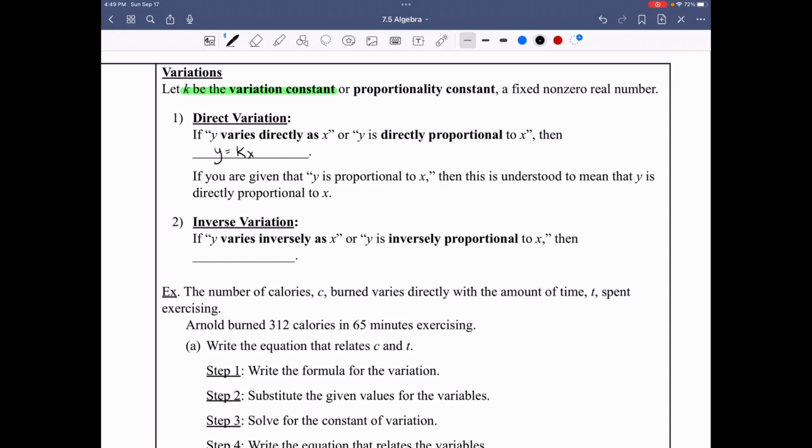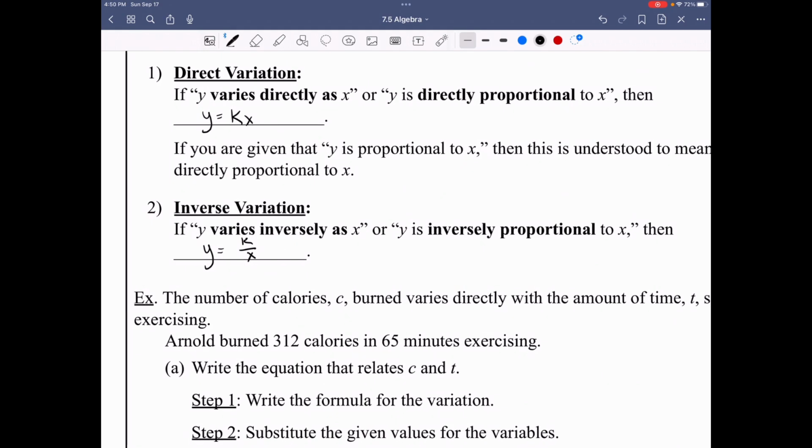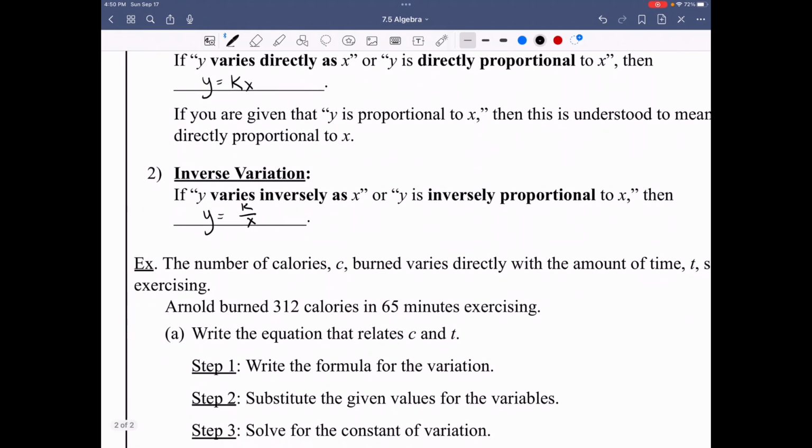If you are given that y is proportional to x, then it is understood to mean that y is directly proportional to x. In an inverse variation, if y varies inversely as x, or y is inversely proportional to x, then y equals k over x. It will make more sense in this example.